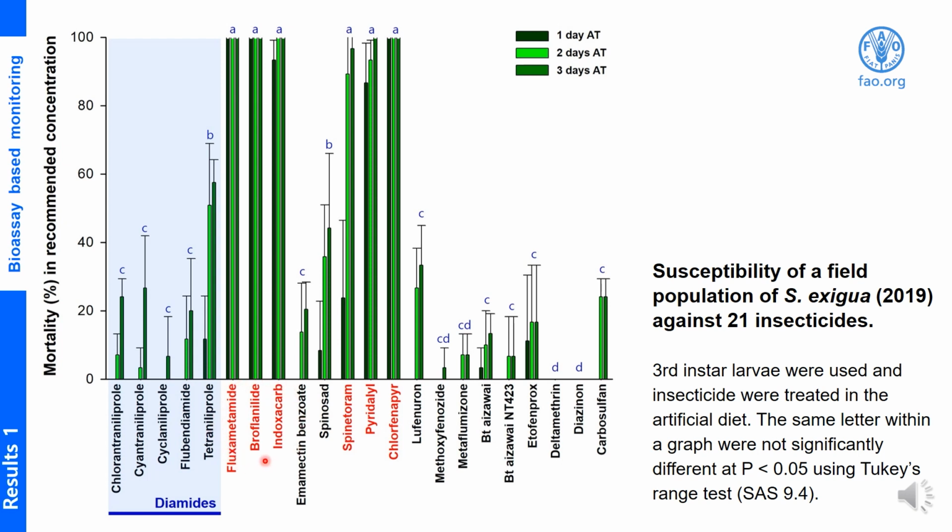So depending on which insecticide we choose, the control efficiency is totally different. Then we have to consider again and again which insecticide will be used. That is really important. Depending on the insecticide resistance, we can choose.